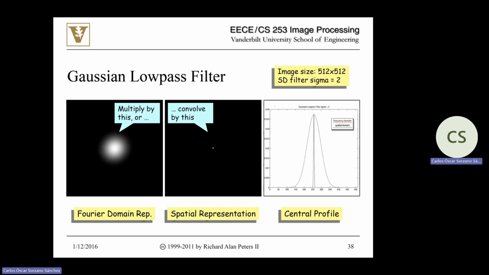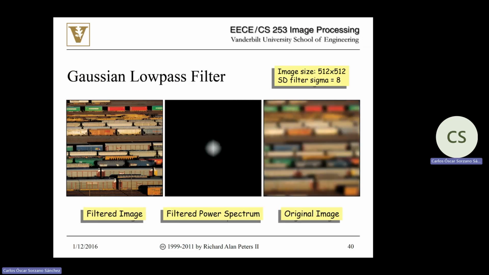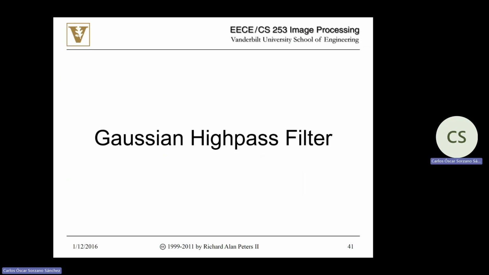If this Gaussian is bigger in Fourier space, then it will be narrower in real space. It behaves as it should. Then we can filter with this Gaussian. This is the result, the filtered image. The labels are mistaken. This is the filtered image with a given sigma equal to 8.